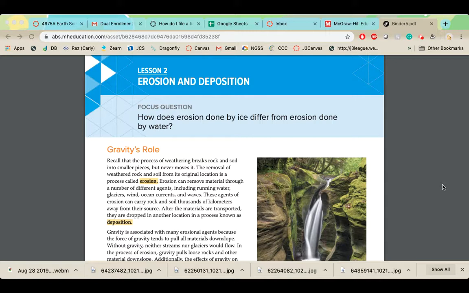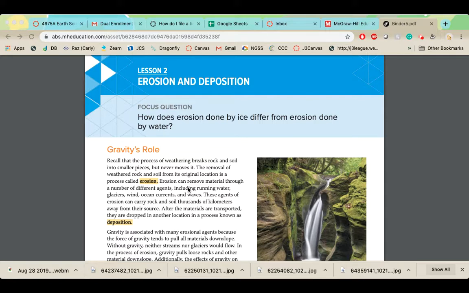But erosion usually happens because something, and we're going to go over it, is having some kind of effect on breaking something else down. Let me give you some examples. They're listed here in your book: water, glaciers, wind, ocean currents, waves.